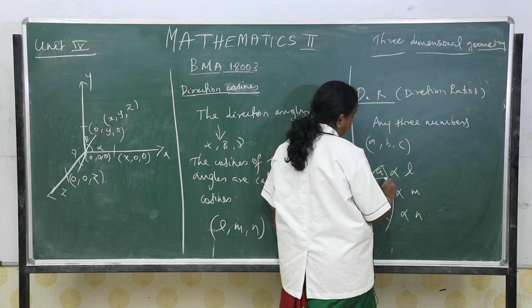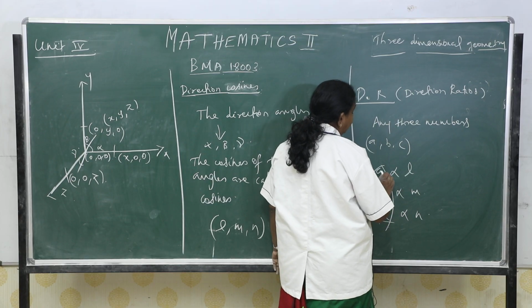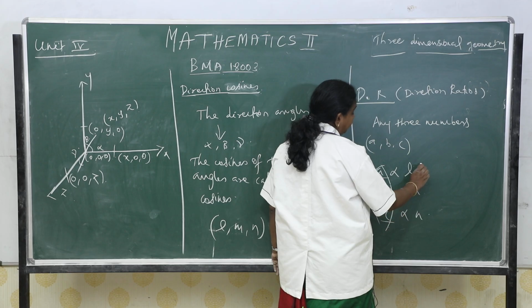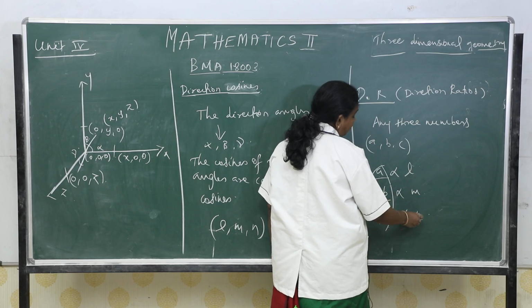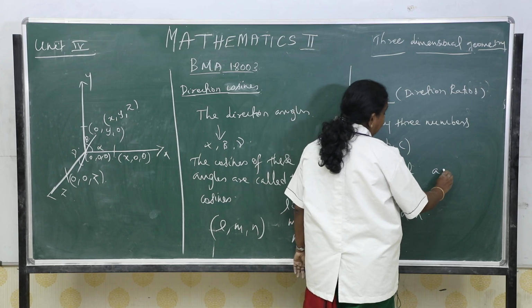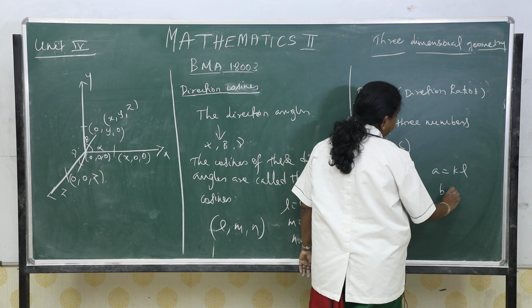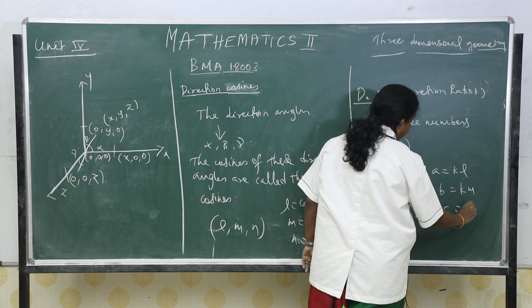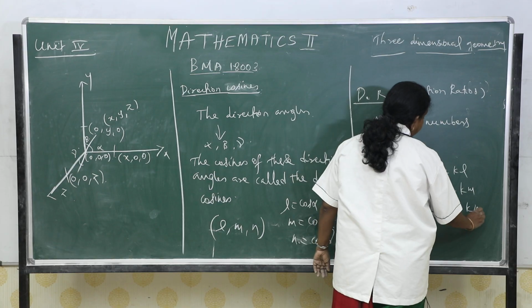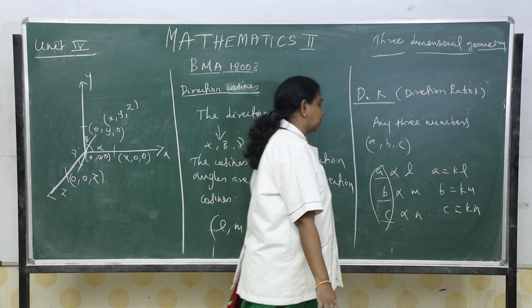Once again, any three numbers A, B, C that are directly proportional to the direction cosines are called the direction ratios. That is A is equal to KL, B is equal to KM and C is equal to KN. Here K is called the proportionality constant.